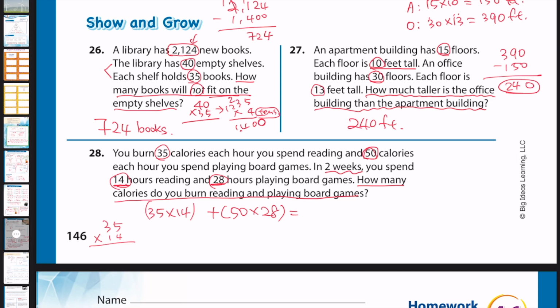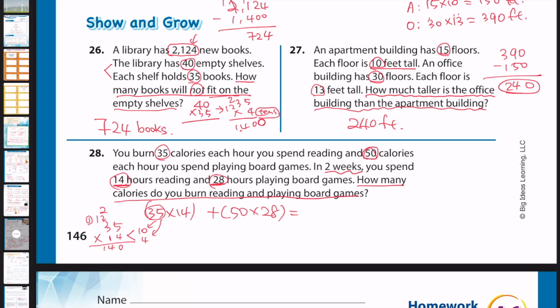We can use what? Distributive property, which is 10 plus 4. We can do that, and then we can distribute this 35 to 10 and 4. Okay, if you want to. I'm going to do both. Okay, so first way, one way, let's say, is what? 4 times 5, 20, and 4 times 3, 12. So 14.